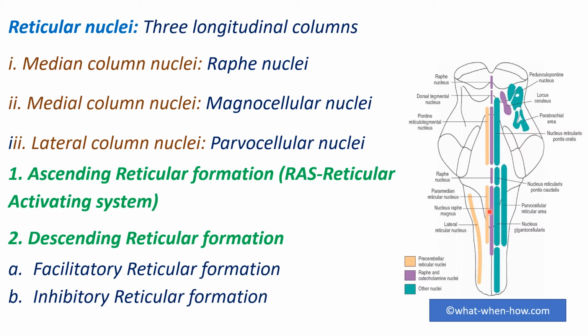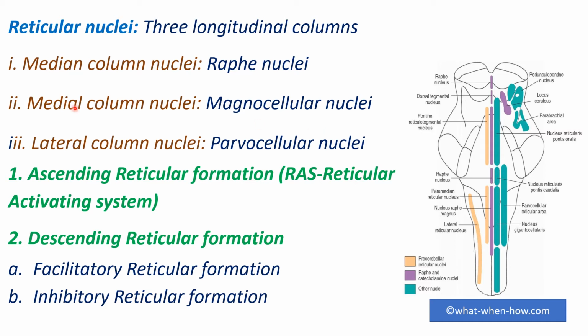Now we have three columns of nuclei. When they are placed in the midline, they are called median column nuclei. Mostly the median column nuclei are called raphe nuclei because they form a strip of nuclei in the midline. Collectively they are called raphe nuclei.